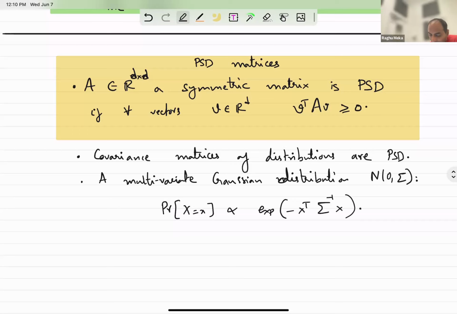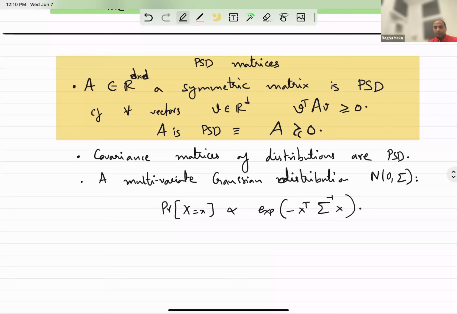As notation, A is PSD is typically written as A is greater than or equal to 0.